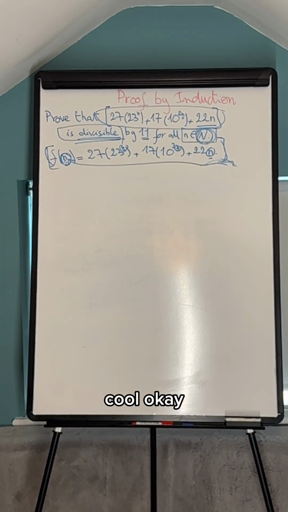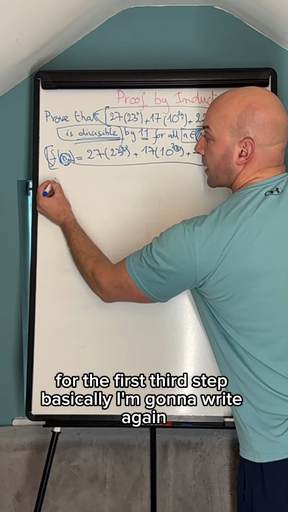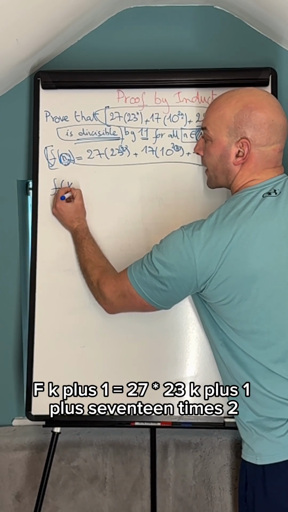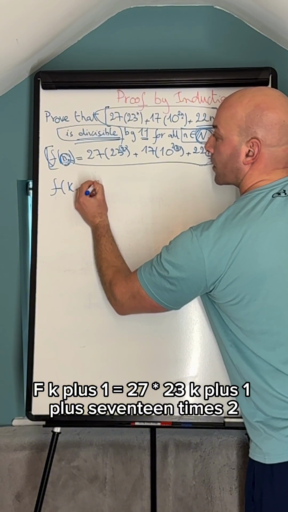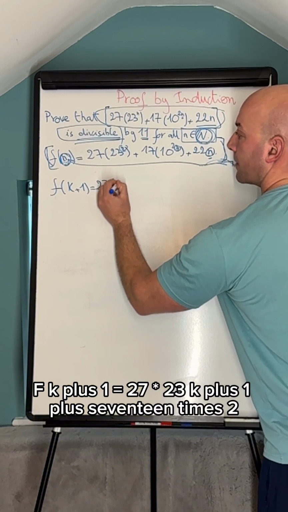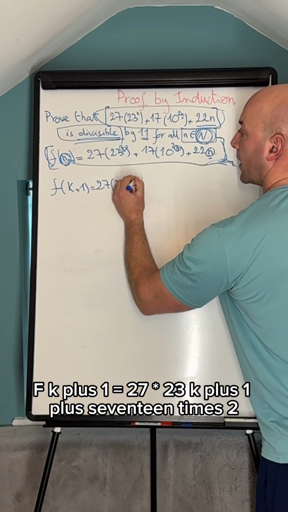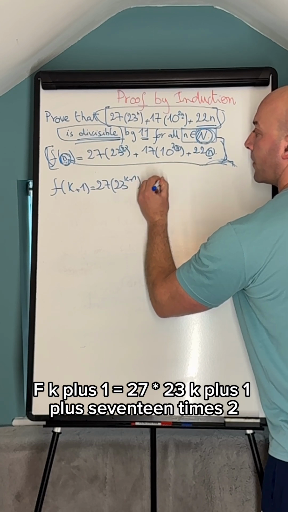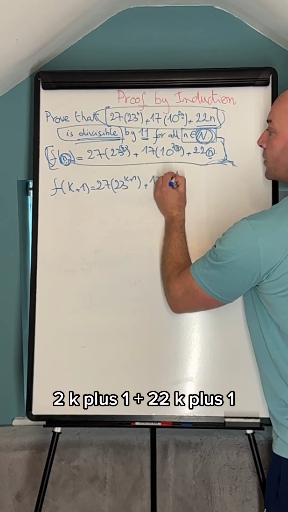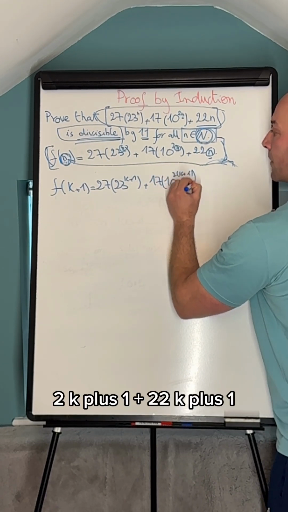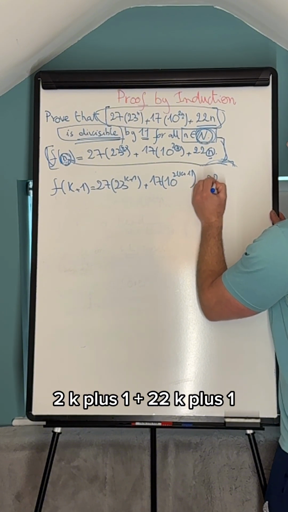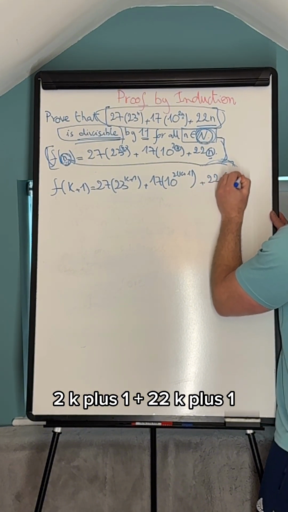Okay, for the third step, basically I'm gonna write again F(k+1) equals 27 times 23^(k+1) plus 17 times 10^(2(k+1)) plus 22(k+1).